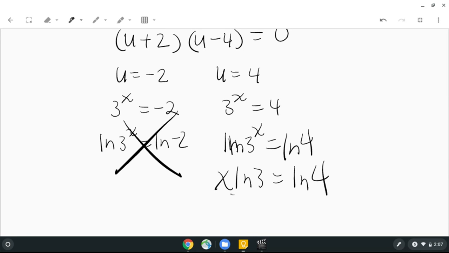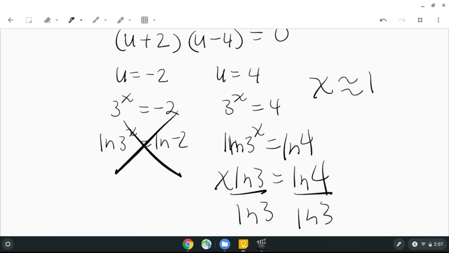Divide both sides by ln 3. And you should get that x is approximately equal to 1.262.